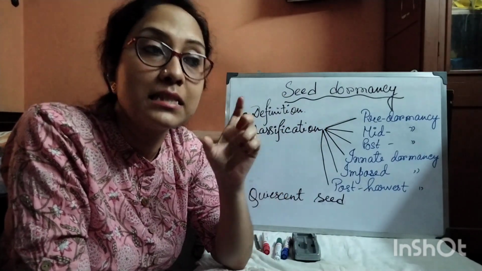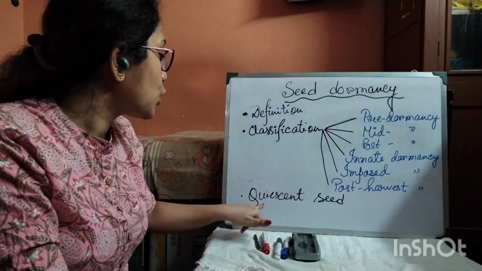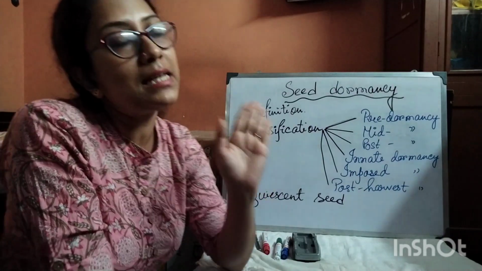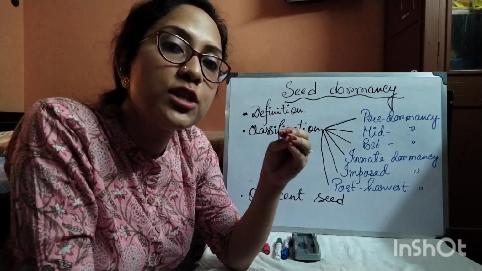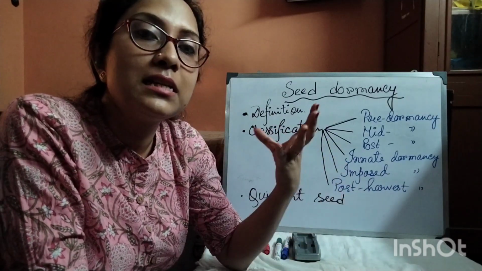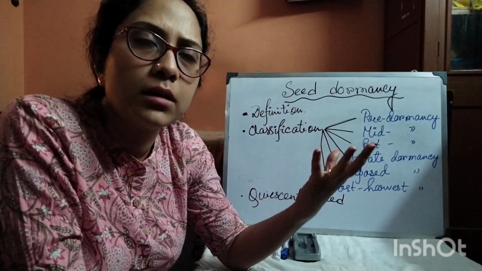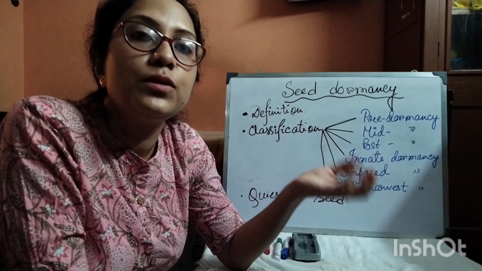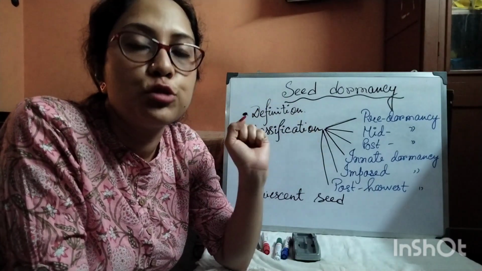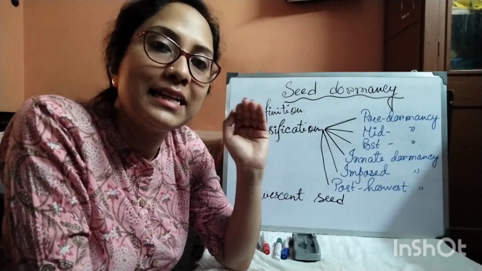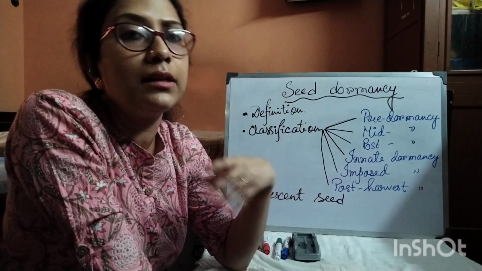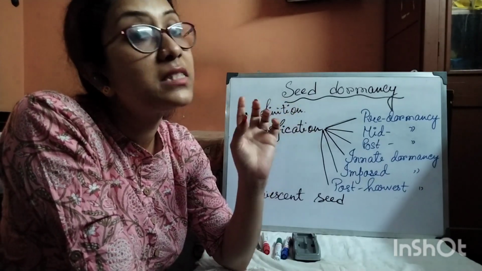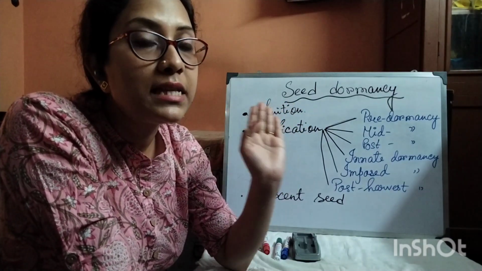This particular state is termed as quiescent seed. Quiescent seeds are those kinds of seeds which before harvesting are present in a dry, very non-humid environment, so all the metabolic activities within the seed remain stopped. Upon getting water and favorable condition, it will again germinate, and these kinds of seeds we call quiescent seeds.